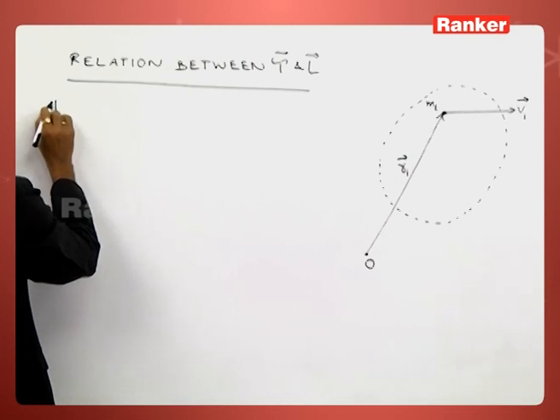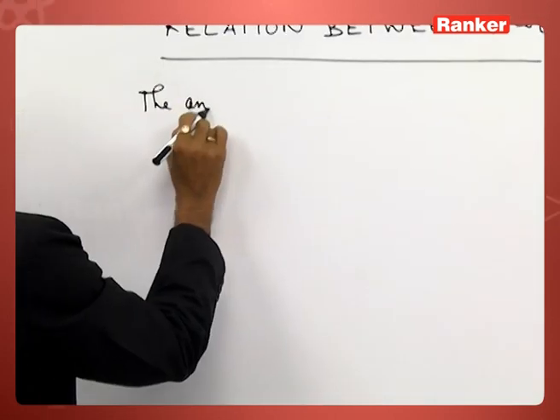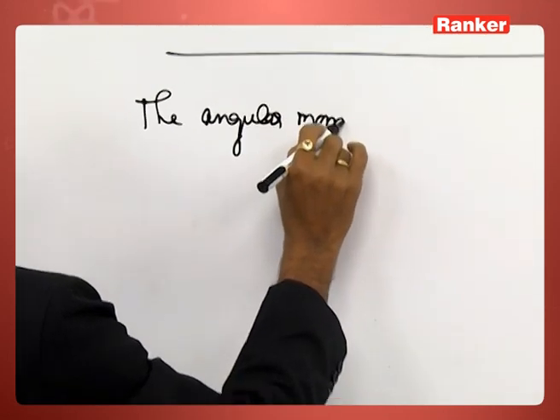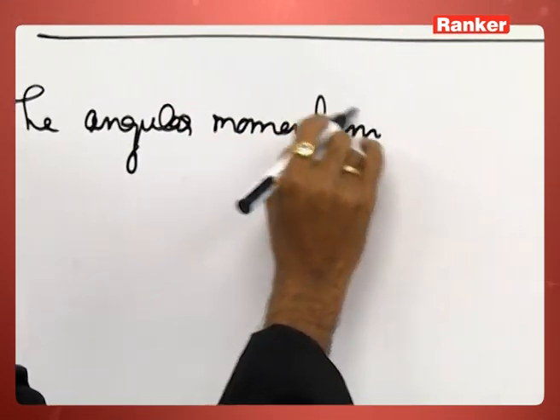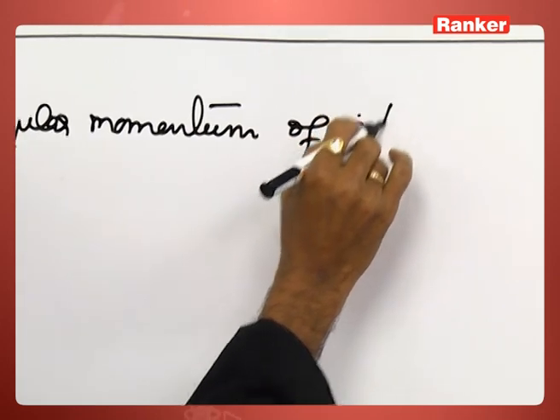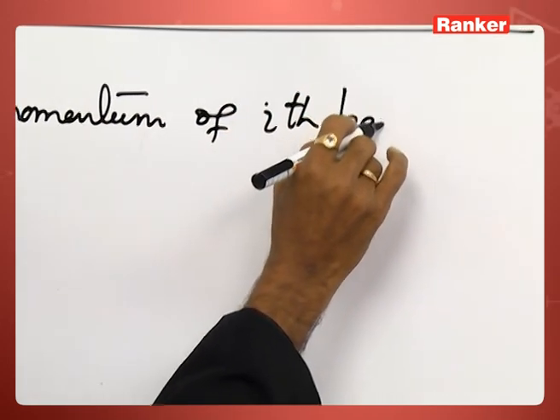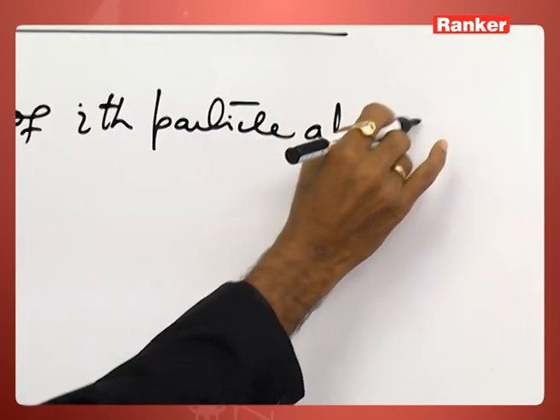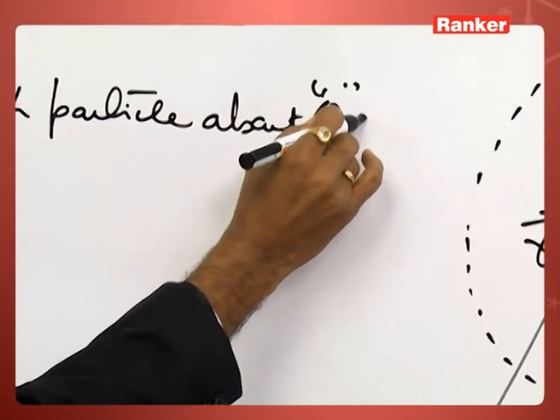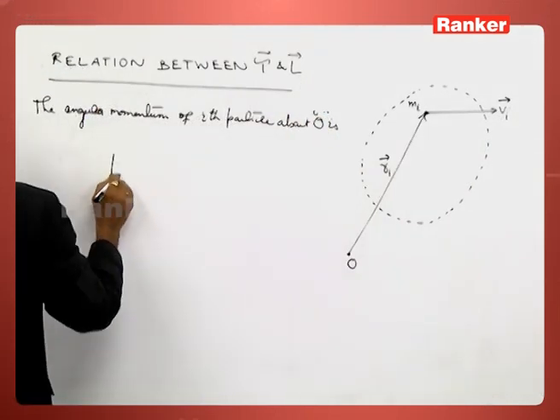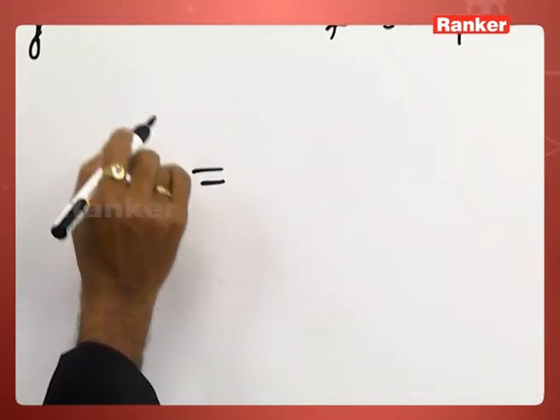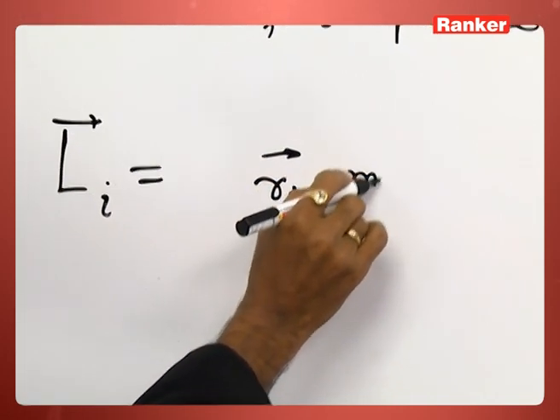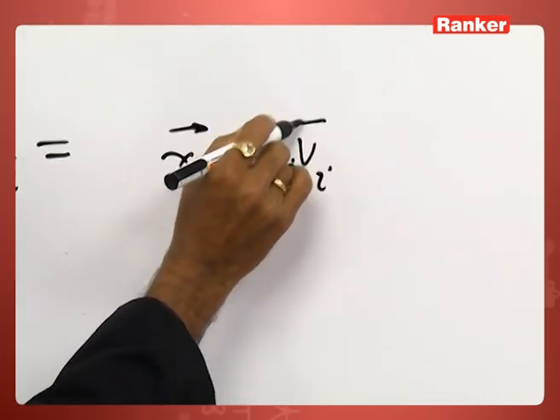The angular momentum of ith particle about O is Ri cross mivi.